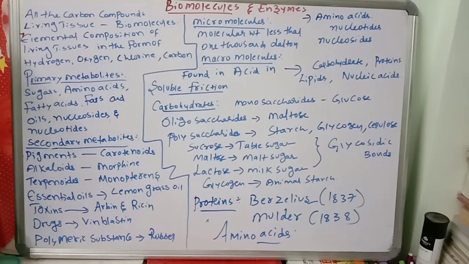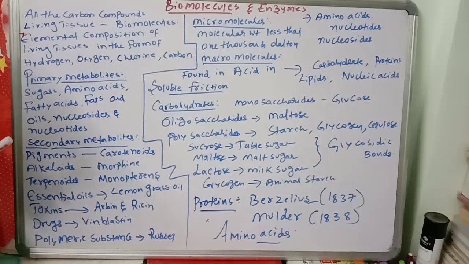We grind it and filter. The filter insoluble part, in the sense acid insoluble, is called macro. The acid soluble part is micro. Acid insoluble is macromolecules. Like that we can divide.